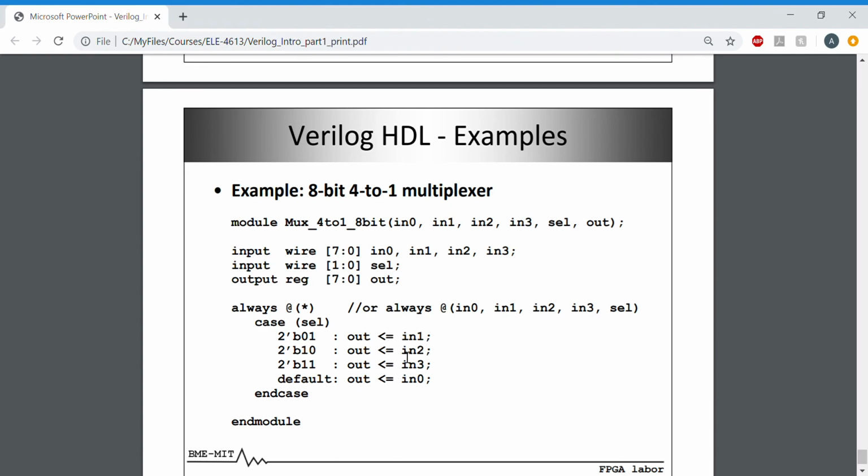If it is 1,0, send in2 to out. If it is 1,1, send in3 to out. But if it is default, that means 0,0 in this case. Just to show you how it works, we could have used 0,0 directly, and this would not have a default. But because we did not cover all the possible cases and only 0,0 is missing, we are using this.